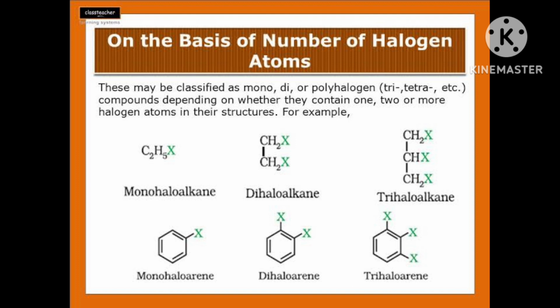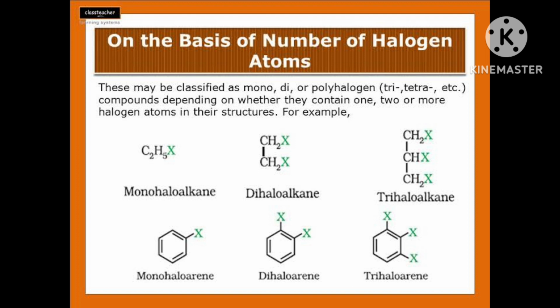That is the monohaloalkane. CH2X, CH2X, that is the dihaloalkane. And 3 X is attached with propane, each carbon has been replaced by one X. That's why the name has been given trihaloalkane.